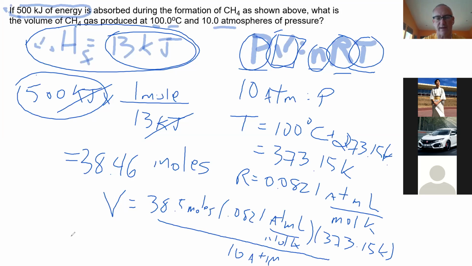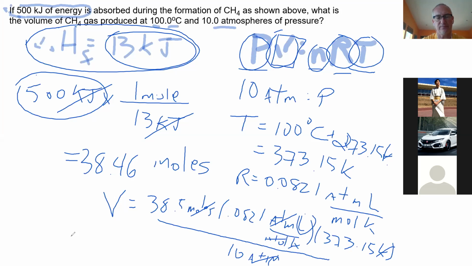So I've got moles as a denominator, moles as a numerator. I've got liters by itself. I've got atmospheres down below, atmospheres up top. I've got Kelvin as a denominator and Kelvin as a numerator.